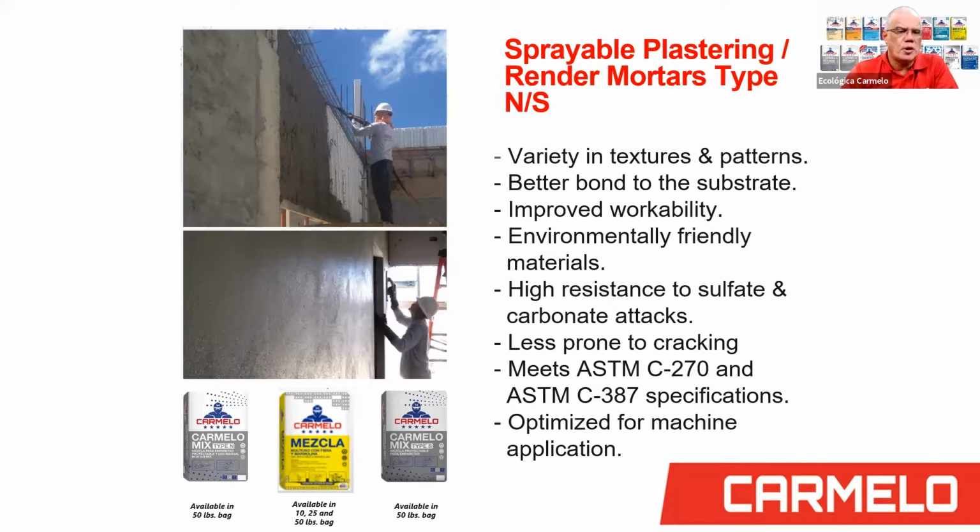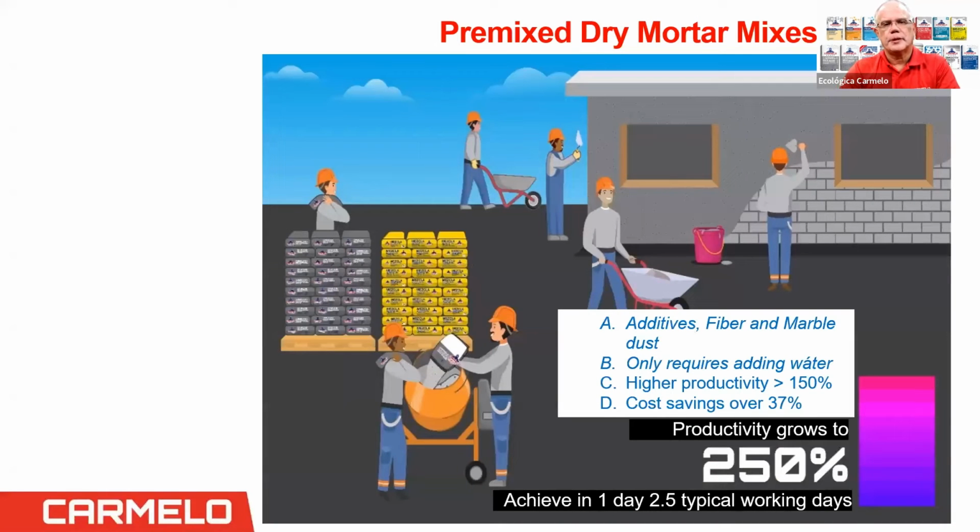They all come in 50-pound bags: the Carmelo type N, the type S, and also we have the mescla. With that, you can finish 3/8 of an inch or a 1/4 inch finish, and it'll be nice and smooth for those walls. Okay, so now instead of using those piles of cement and sand, you're using pre-bagged mortars, right?